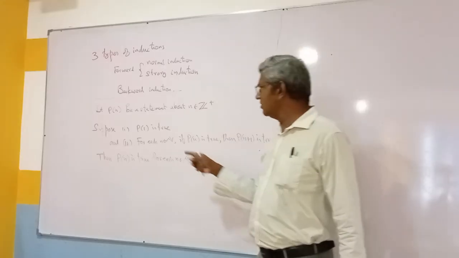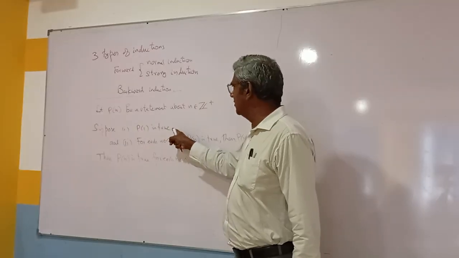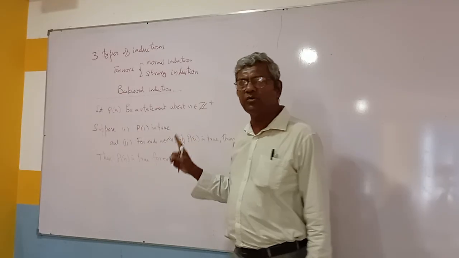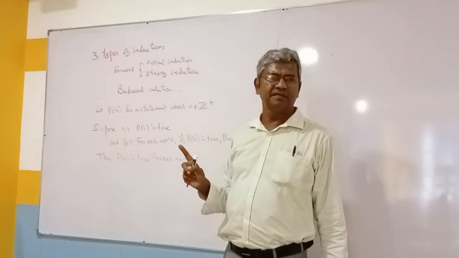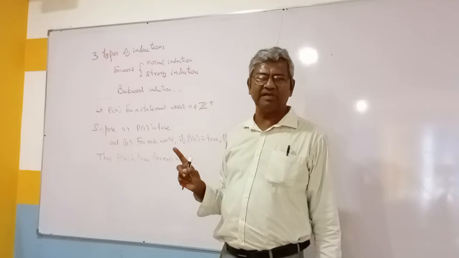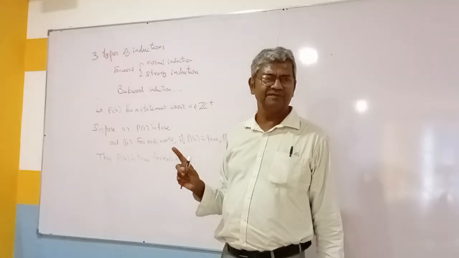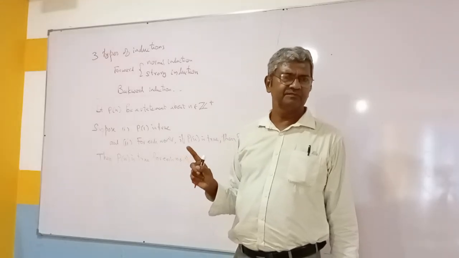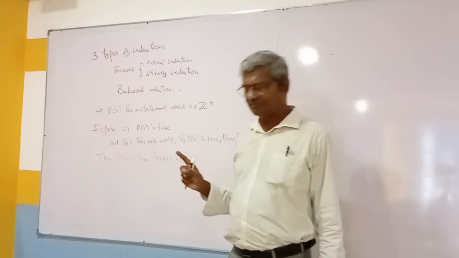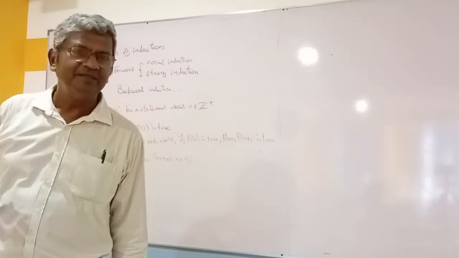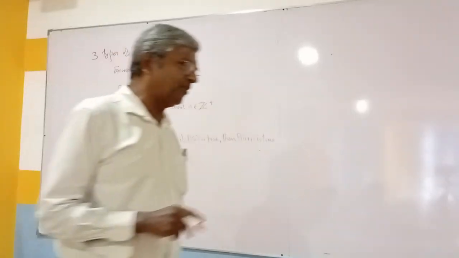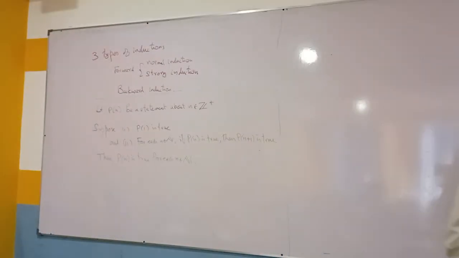There are 2 methods to prove P1 is true. What are these 2 methods? Direct proof and proof by contradiction. Very good.